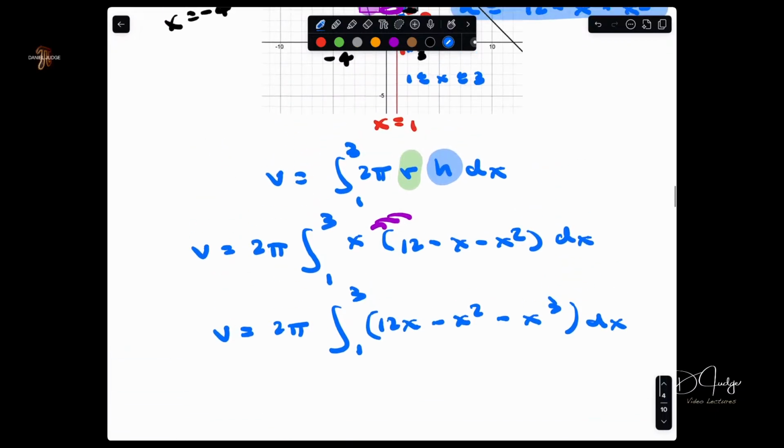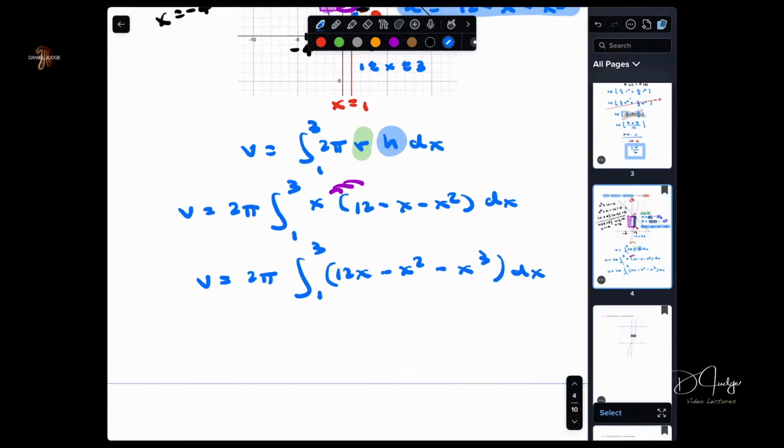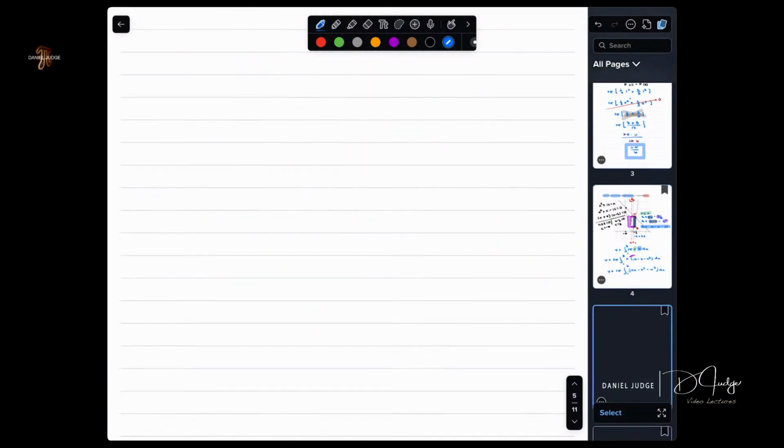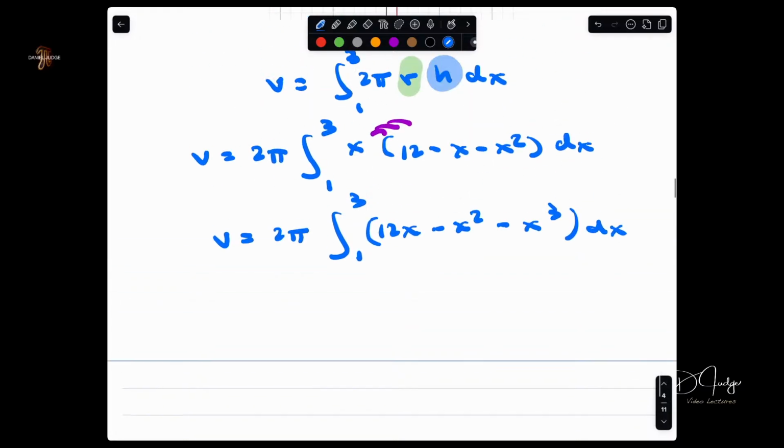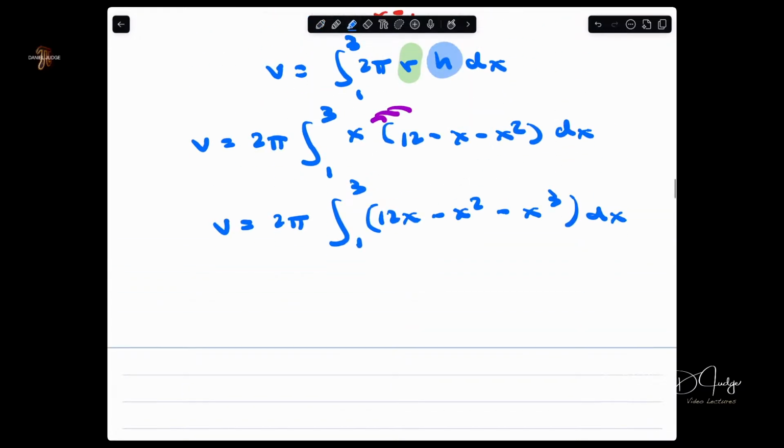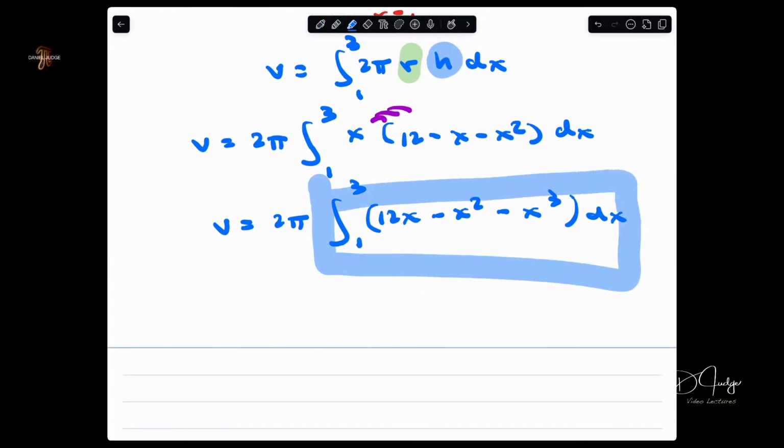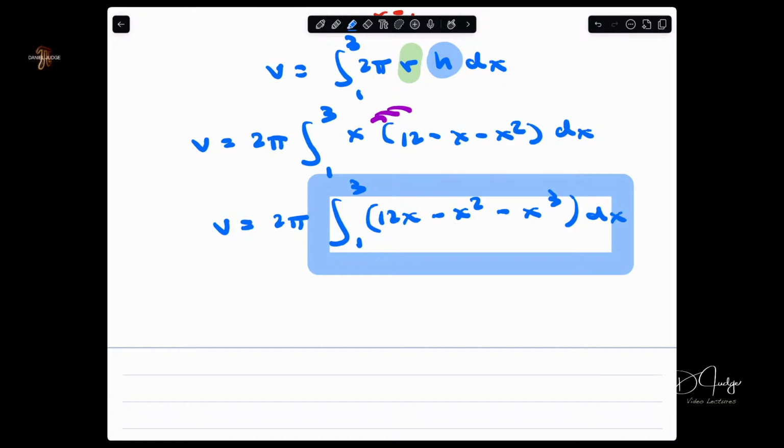All right, now we get to integrate. So we're going to integrate over here. 2 pi.